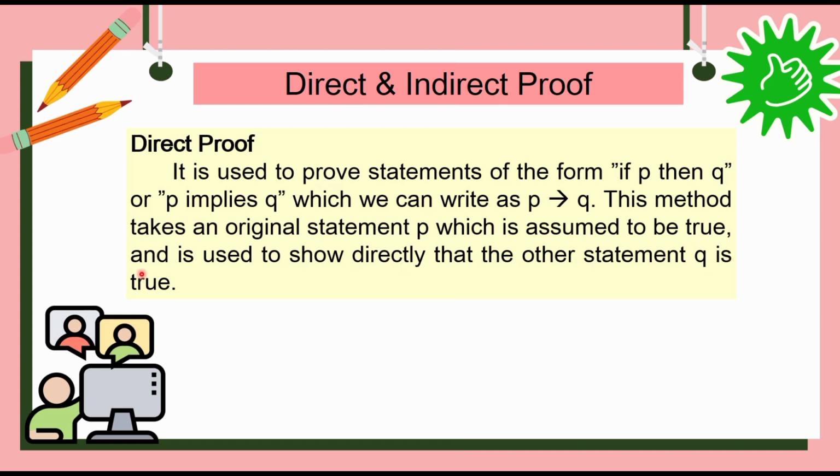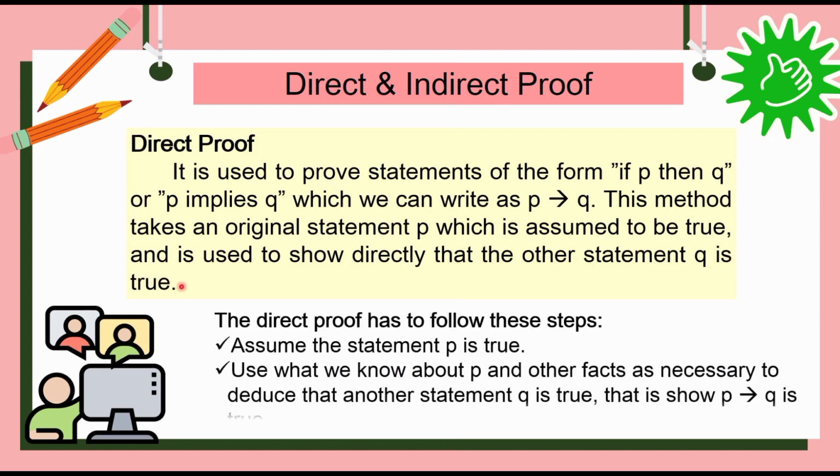So there are steps to follow. The first one, assume the statement P is true. And then the second one, use what we know about P and other facts as necessary to deduce that another statement Q is true. That is, show P implies Q is true. Okay, so we will apply that on our examples.